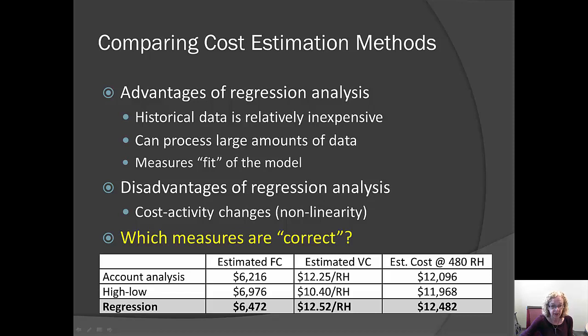The best that we can do is to choose a method that gives us a reasonable answer and does not require more work to get the answer than the benefits that the answer will give us. In this particular case, I would recommend regression analysis because it not only estimates our fixed and variable costs, but also gives us measures of how reliable those answers are.